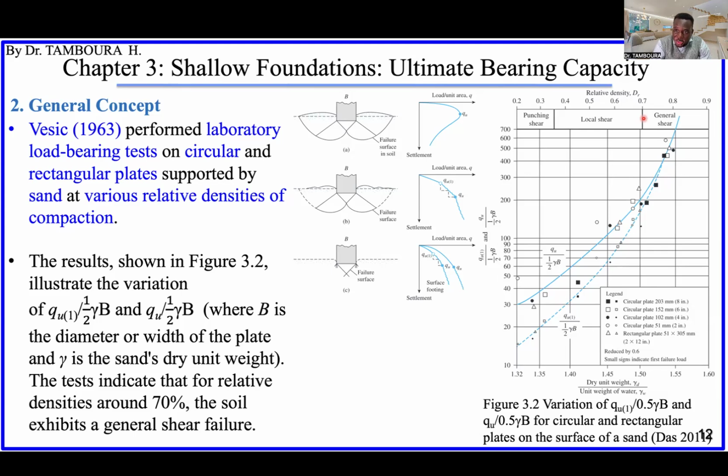The definition of relative density is given, and you can use e minimum, e maximum to calculate relative density, or you can use just the density, rho min, rho max. So anyway, around 70%, you will have this general shear failure.